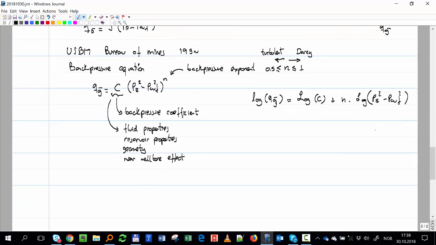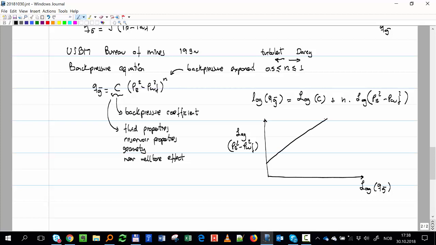So if they plot the log of Q against the log of the difference of squared pressures using these tables, they were going to get a straight line. Here they have the C, or log of C, and here the slope is essentially the n.